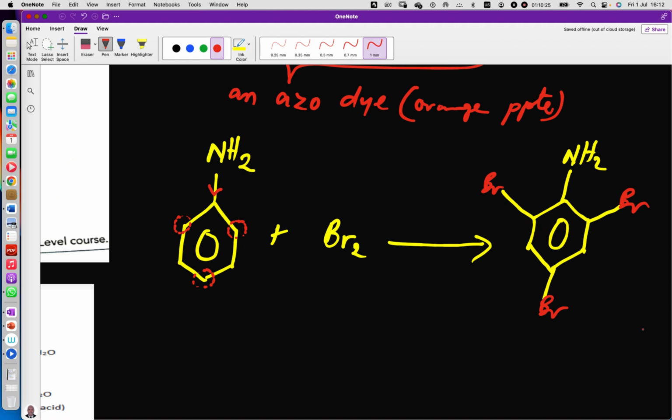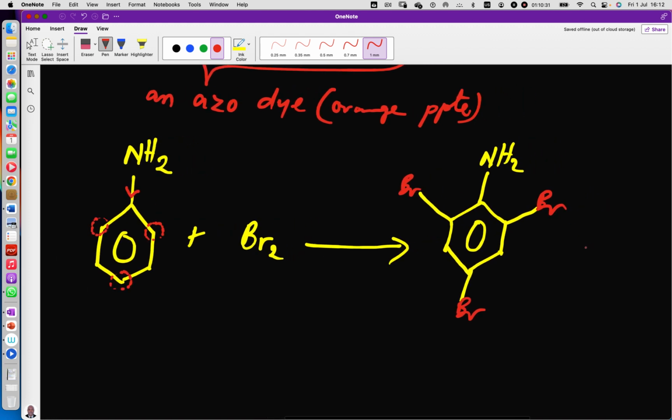So now they will form what we call hydrogen bromide. Since there are 3 hydrogens here, I will put a 3 there. I will put 3 hydrogens that have been substituted from the ring.